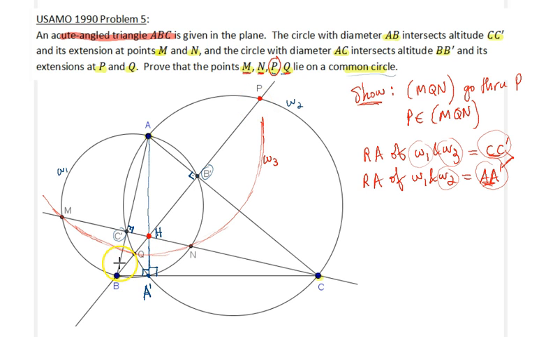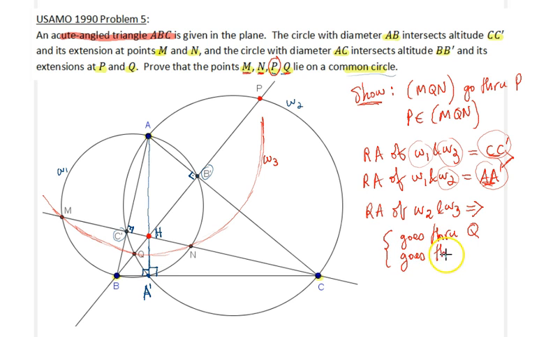Because the radical axis of omega 2 and omega 3 must be a line which goes through their common intersection Q, and second of all, it also goes through the point H, which is the radical center.